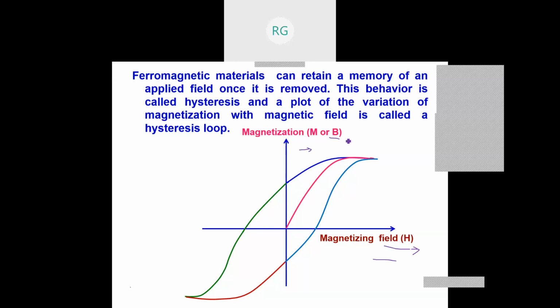The H is becoming 0 first here. In this case H is 0, but here B is not 0. So there is a phase lag. The phase lag between B and H is called hysteresis.